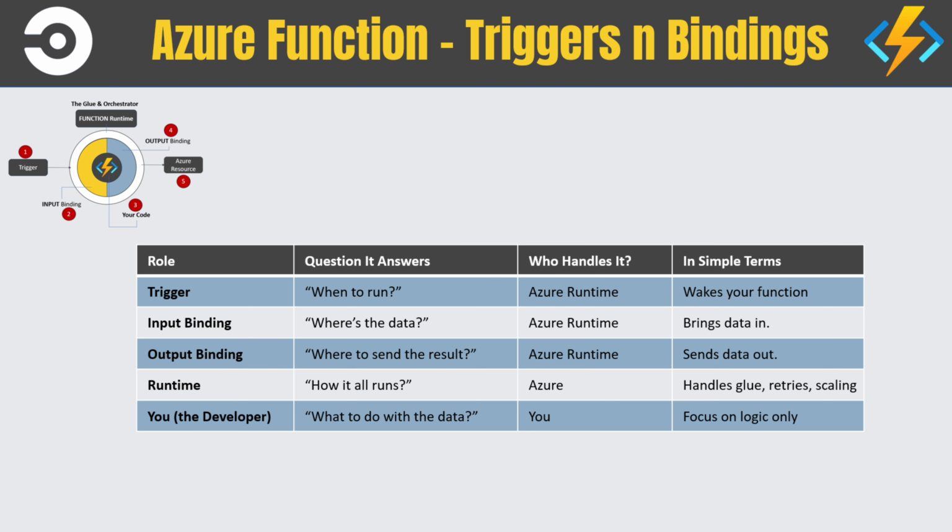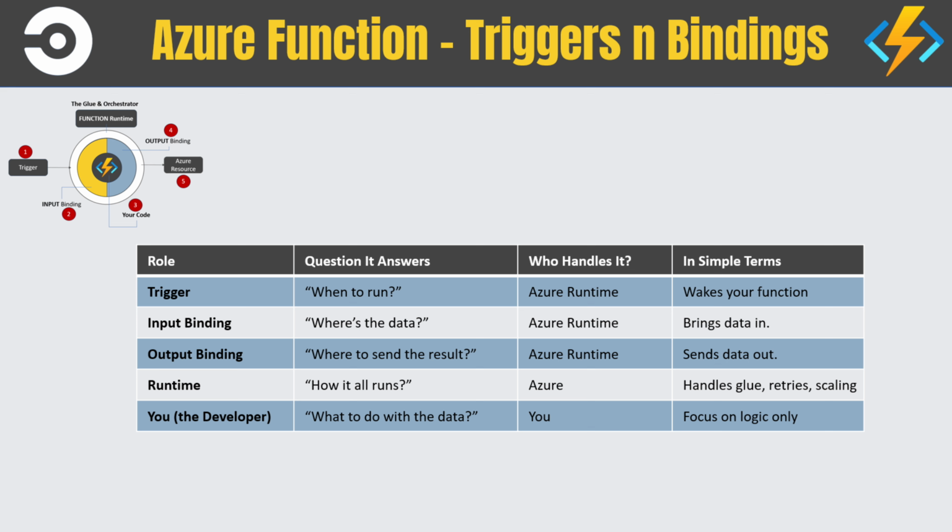So understanding this entire concept in a nutshell: number one, triggers wake up your Azure function. Number two, the Azure runtime brings in the data, glues the trigger, orchestrates execution of your function and the output binding back to the output resources. The Azure runtime also takes care of scaling, context establishment, and other critical stuff.